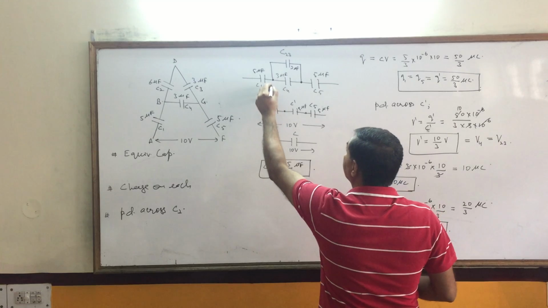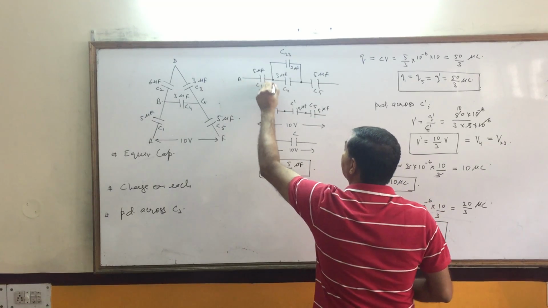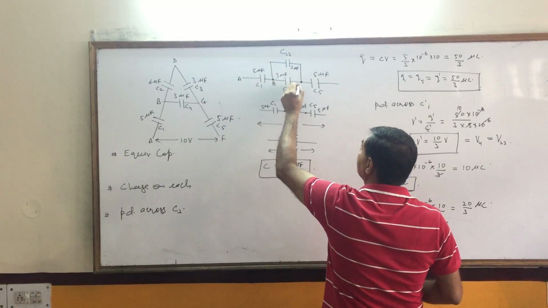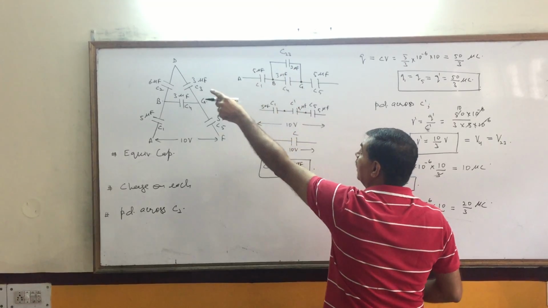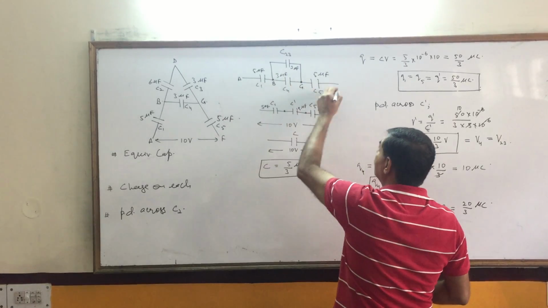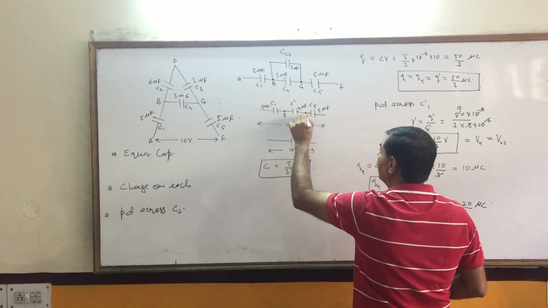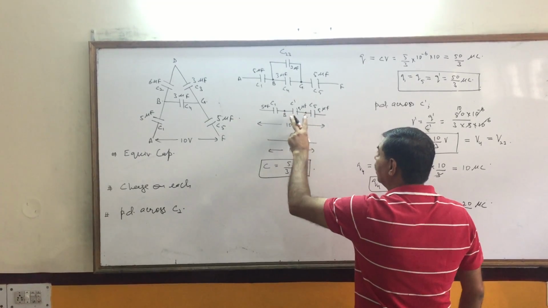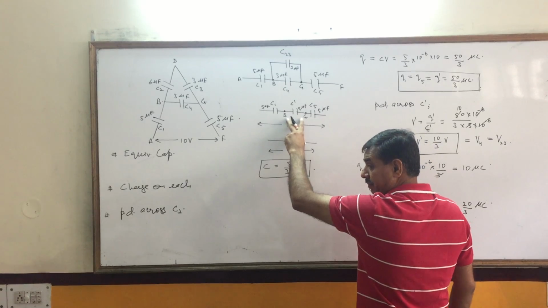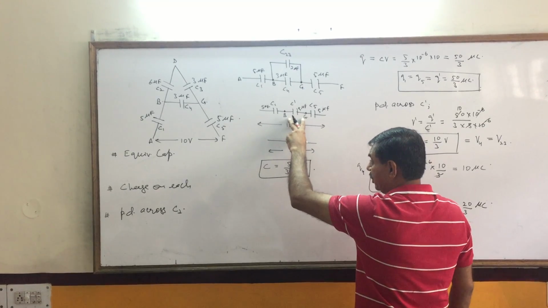This is the point A, this is the point B, and this is the point G. The point D gets absorbed, and this is the point F. Actually, the potential drop across BG is V dash.